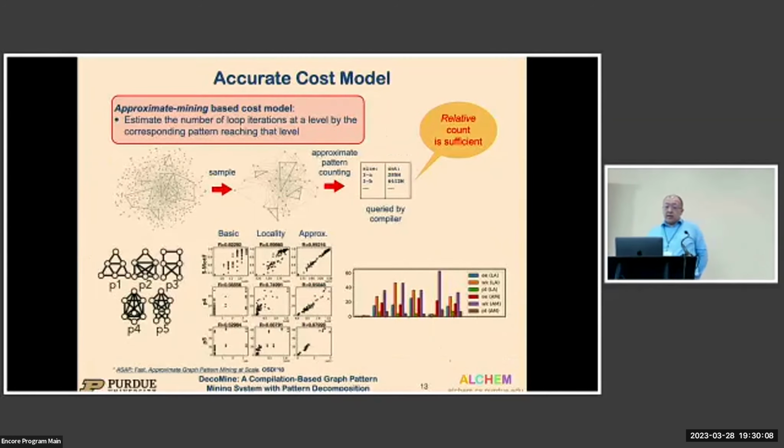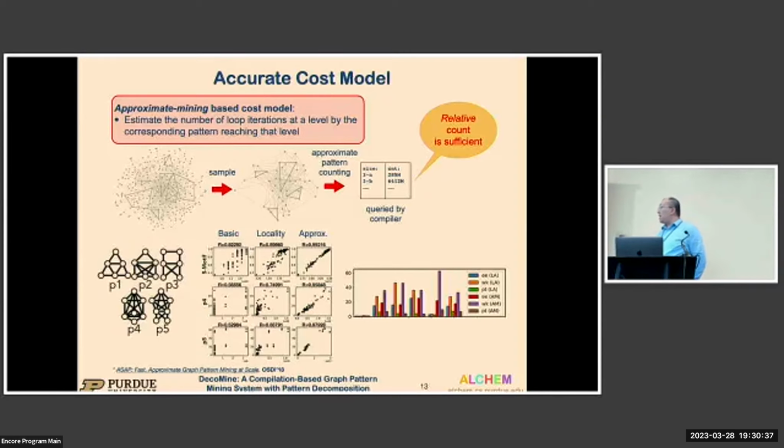But on the other side, we need to do that fast. So the idea is that based on the large input graph, we sample a fixed number of edges. And so here is a random sampling. And based on the smaller graph, we can also run the approximate mining algorithm to build the table here. And of course, the information in the table is relative and it's not accurate, right?